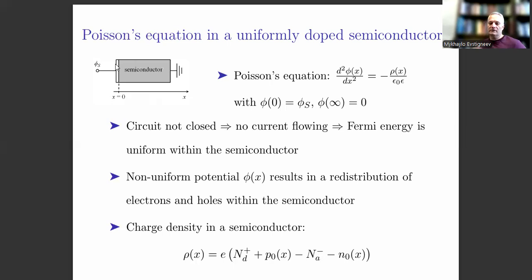And far away from the surface, the semiconductor is grounded. So in the bulk, phi of infinity, by infinity I mean large but finite distance from the surface, the semiconductor's potential has the value 0. It is grounded. And we are interested in how the electric potential changes from the surface value phi surface to the value 0 far away from the surface.